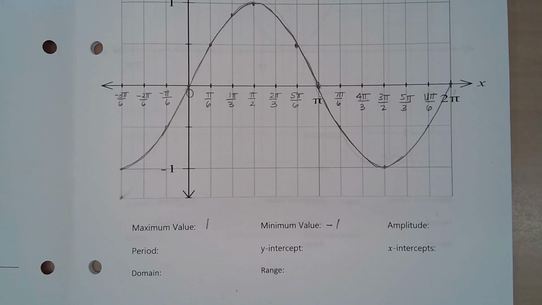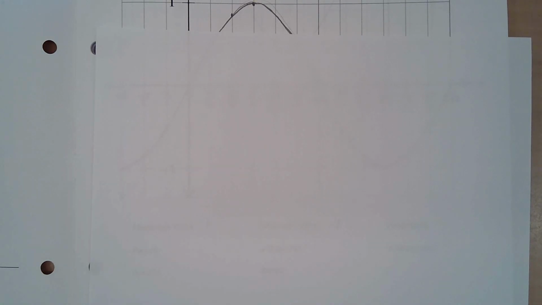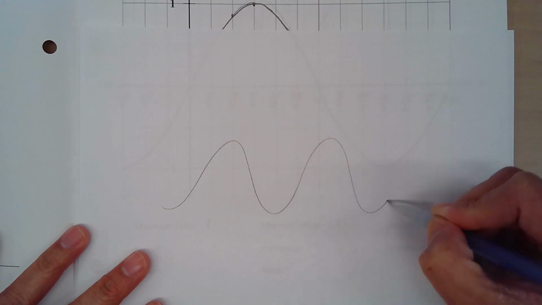In physics, you talk about waves. There are sound waves, light waves, microwaves, X-rays, gamma rays, and it's basically all a wave. So this is what a wave looks like.